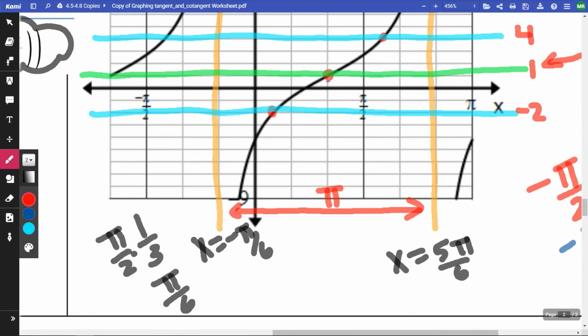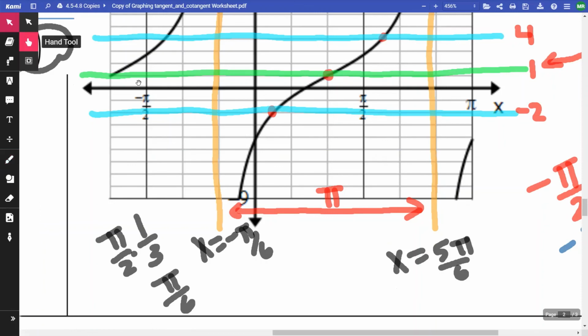So this point right here is at 2 pi 6, so this is pi thirds. This point right here is going to be halfway between here, so that's going to be a pi 12ths. And this one here is halfway between 3 pi 6 and 4 pi 6, so halfway in between there is going to be 7 pi 12ths.